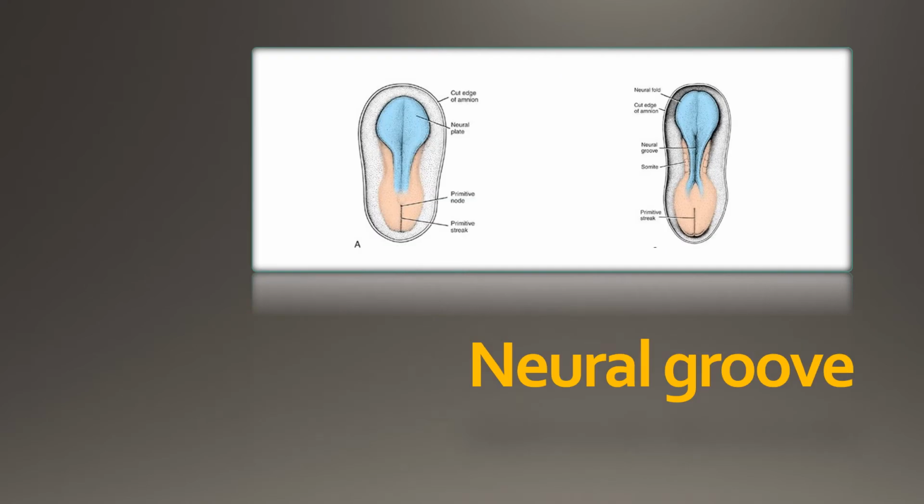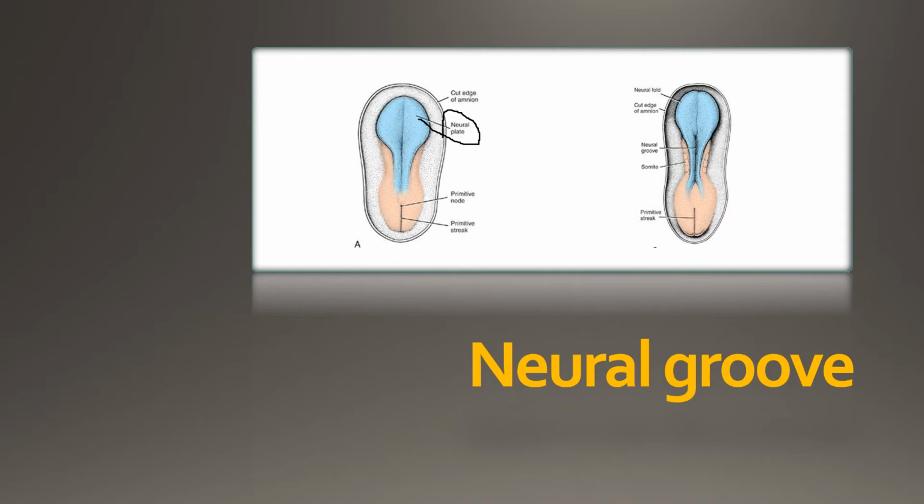First, above this notochord, the neuroectodermal cells appear. These neuroectodermal cells thicken and form the neural plate. So this is the neural plate we can see; the thickened part is the neural plate.